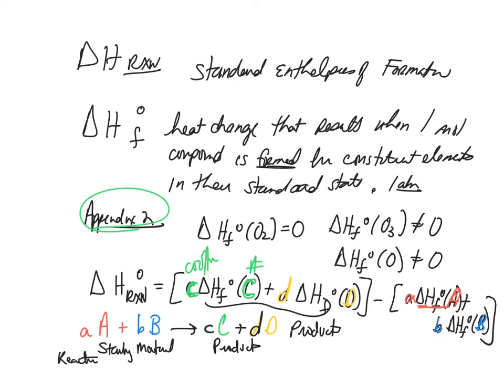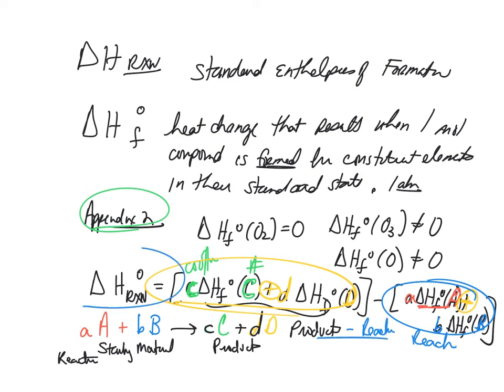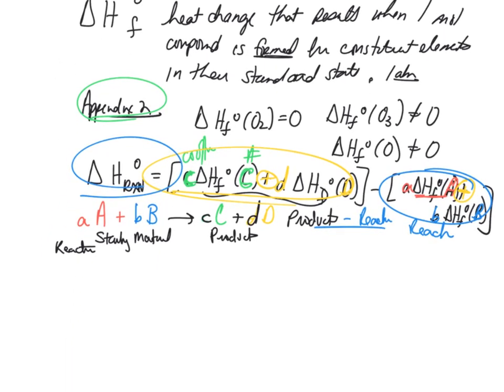So do you see that this is a plus? This is a sum. So you add them all up on the product side, and you add them all up on the reactant side. And you do products minus reactants of your delta H. And that can give you your delta H of a reaction. Another way you're going to see this written is the following.